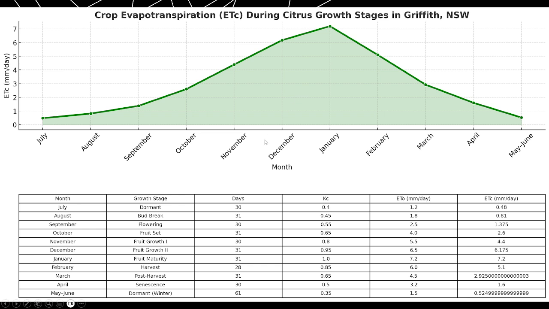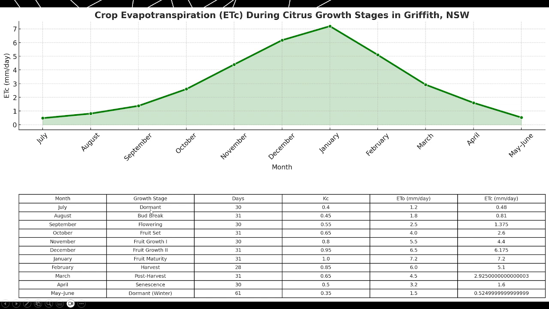As I said, I'm going to make it more detailed and make a use case very clear to you. Say an orange tree, a citrus tree in Griffith, and how monthly it can change due to its growth or fruit stage at different days.